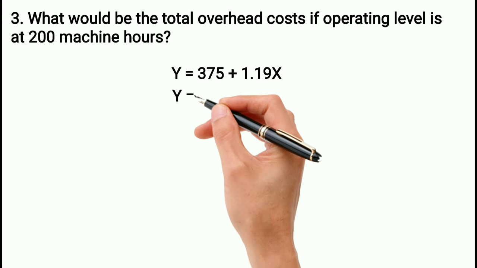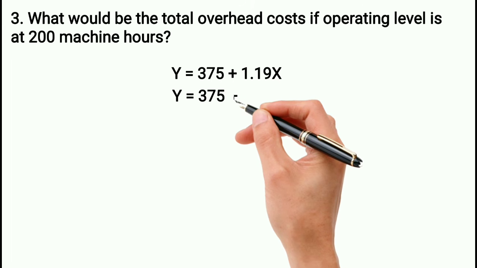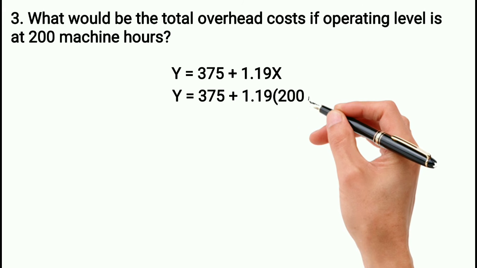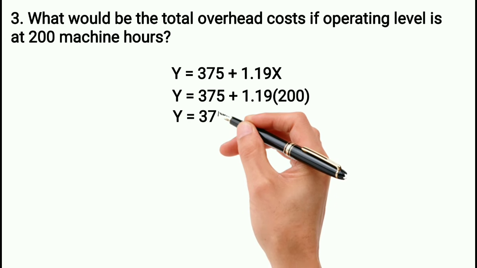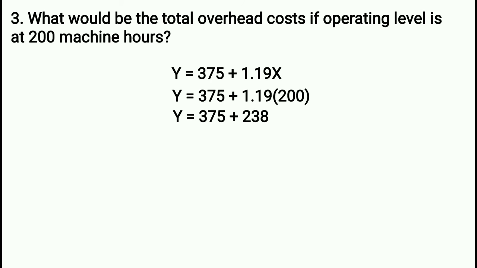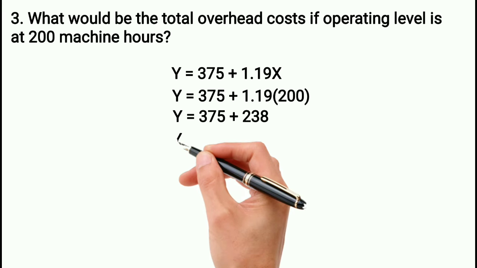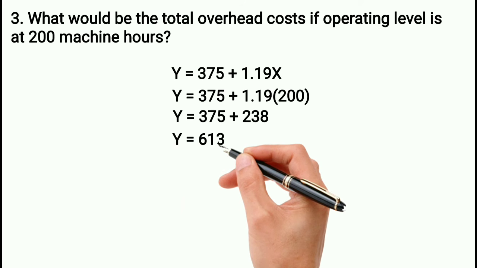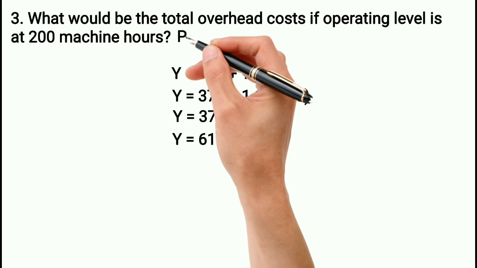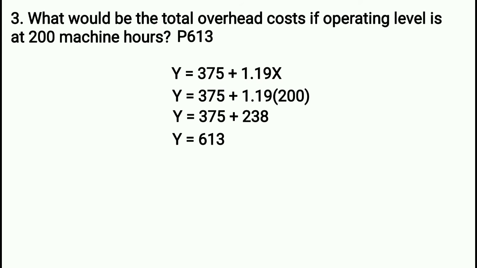Therefore, this will become Y is equal to 375 plus 1.19 times 200. Y is equal to 375 plus 238. 375 plus 238, that is equal to 613 pesos. And that is the value of Y. At yang 613 pesos na yan yung answer natin sa number 3.